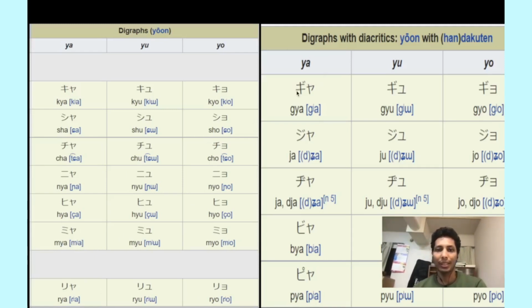So see here, earlier no ten here, that is why this is ki, made it kya, and there is a ten here that made gi, and then we are adding small ya to become gya. So gya, gyu, gyo, ja, ju, jo, it's very difficult. Or bya, byu, byo, and putting a circle you can see.